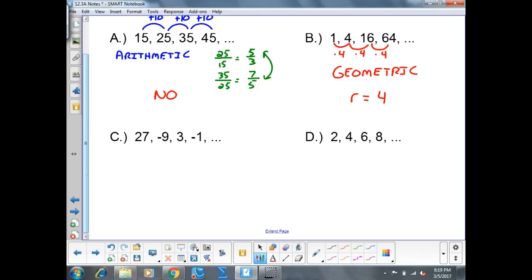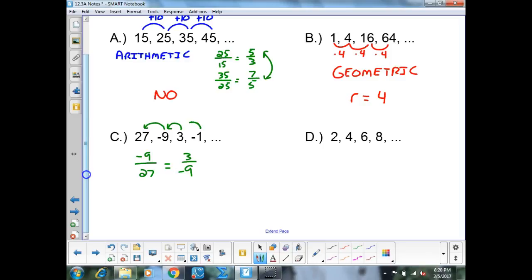In C here, kind of hard to see what it is, so let's go with -9 divided by 27 and see if that equals 3 divided by -9 and see if that equals -1/3, because -1 divided by 3 would be -1/3.